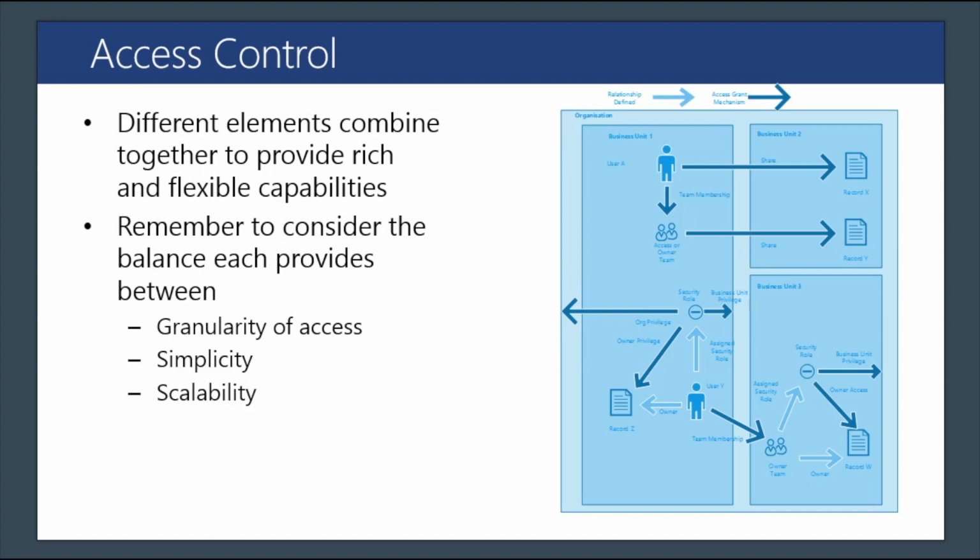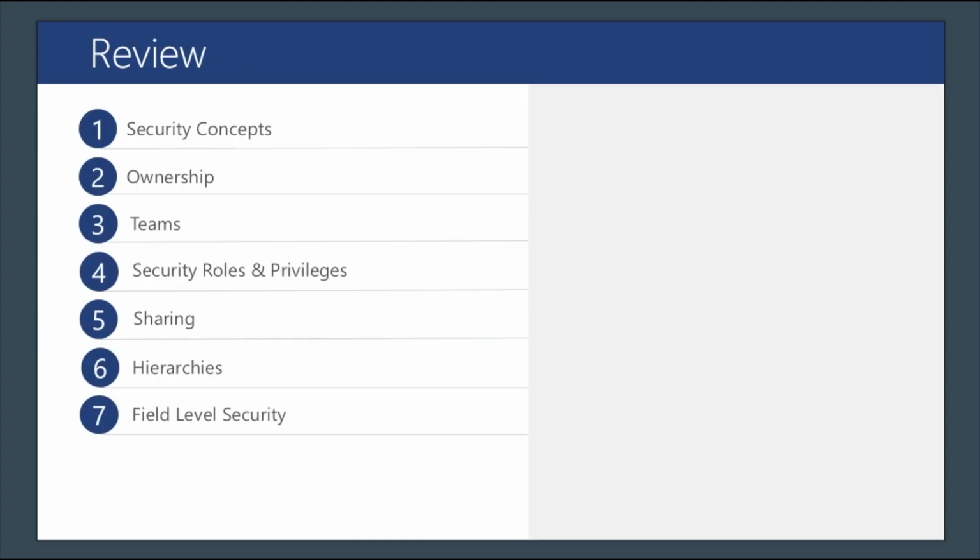So leveraging all of the components we've covered today, ownership, team membership, the various security roles that you can define in the system, okay, sharing of records, security hierarchies, as well as field level security to create the best approach for your security model in Dynamics 365.